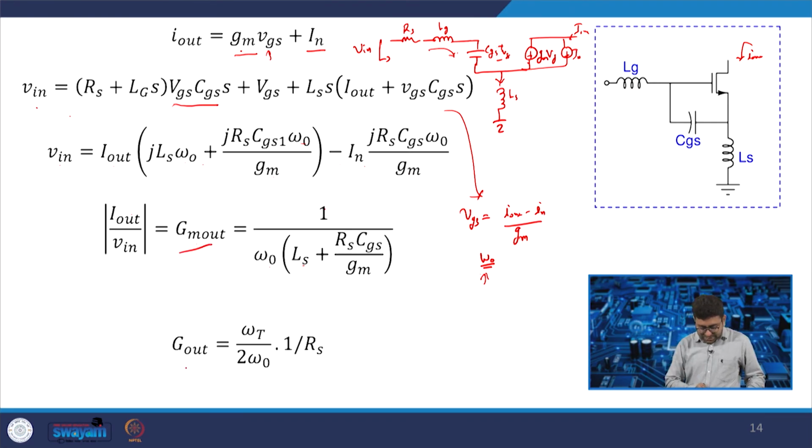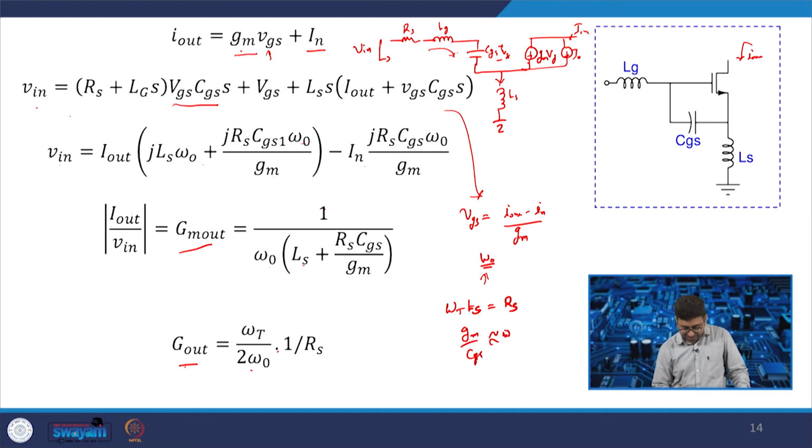So, we can write G out equal to omega t by 2 omega naught into 1 by Rs, because we can get omega t into Ls equal to Rs. And Gm by Cgs in this case is equal to omega t.